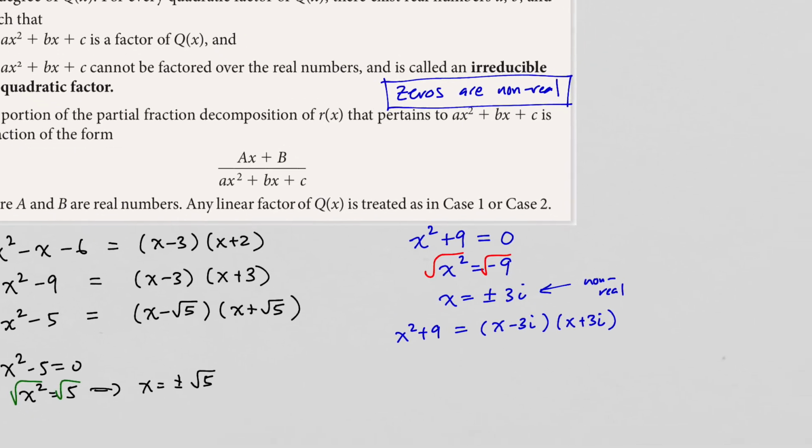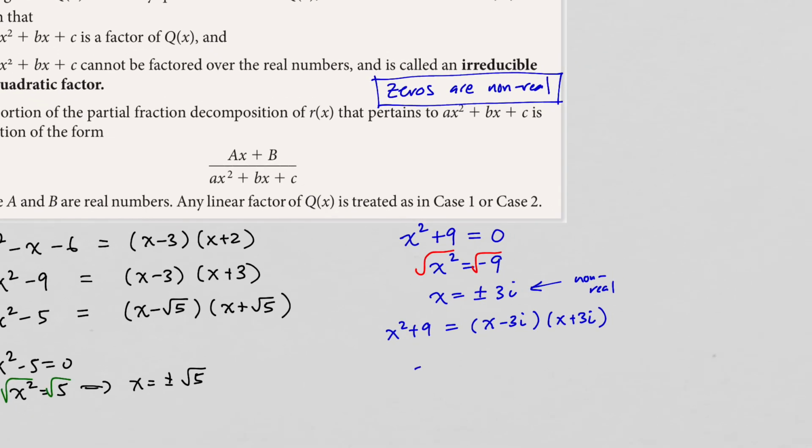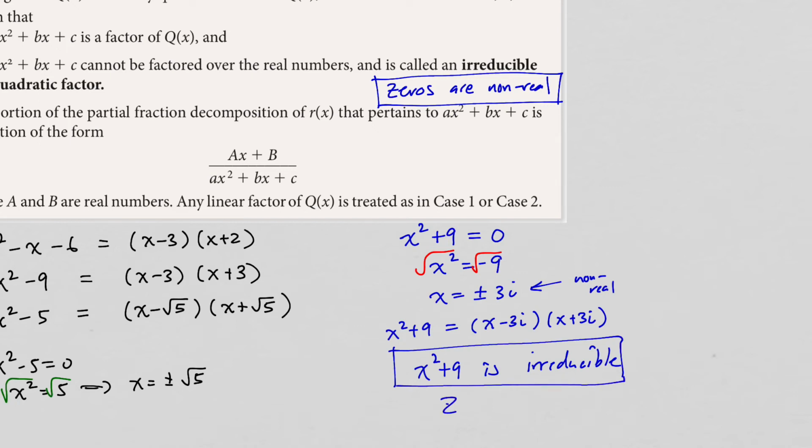So because this is the only way to factor x squared plus 9, we would say x squared plus 9 is irreducible. So what does it mean to be irreducible? It means the zeros are not real, right? Meaning that they are complex.